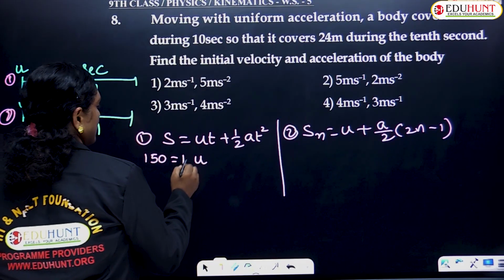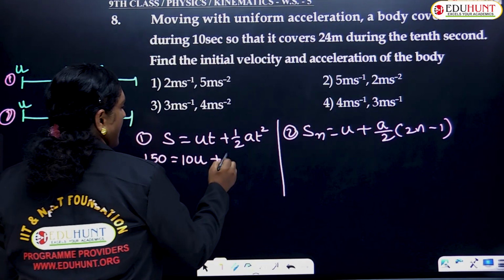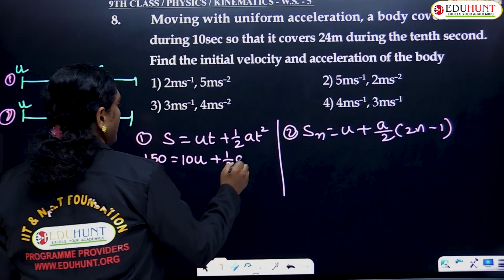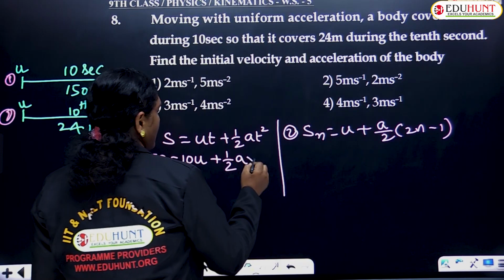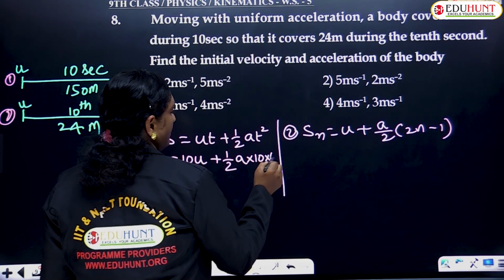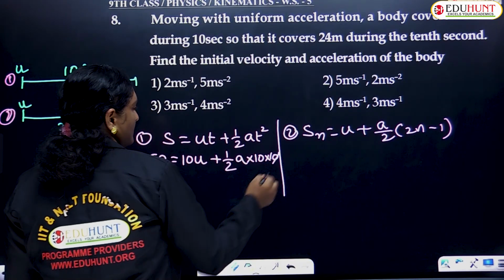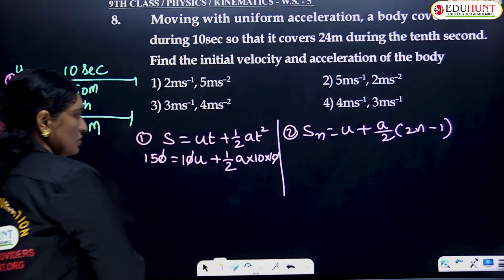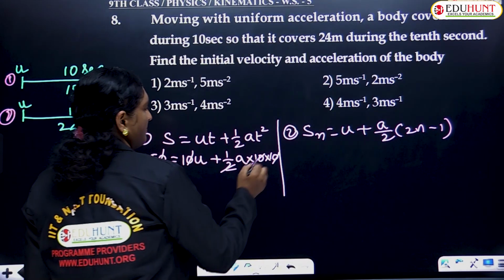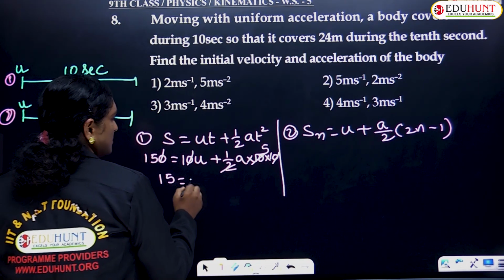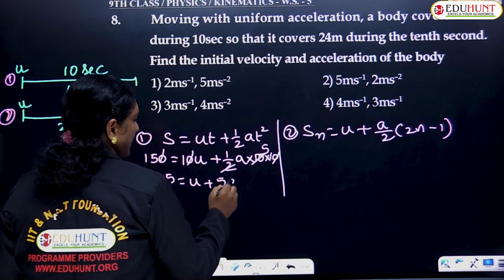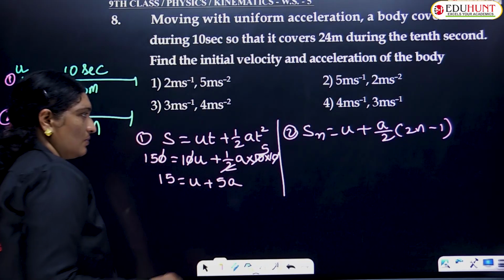Time is given as 10 seconds, so 10u plus half, acceleration unknown, time is 10 seconds, 10 square is 10 into 10, 100. Let us cancel the zeros, and the 2 goes up by 5 times. Now the equation is 15 equals u plus 5a. Let this be the first equation.